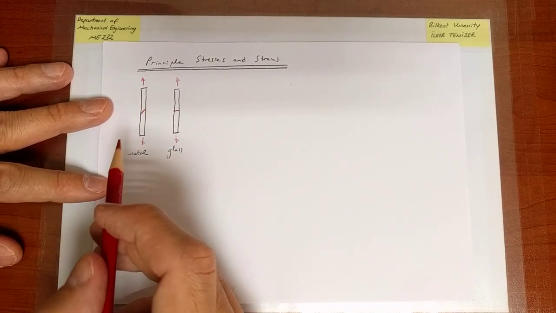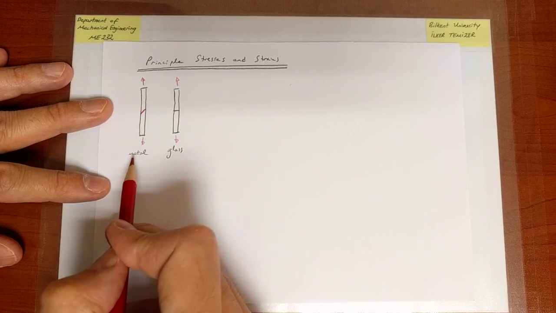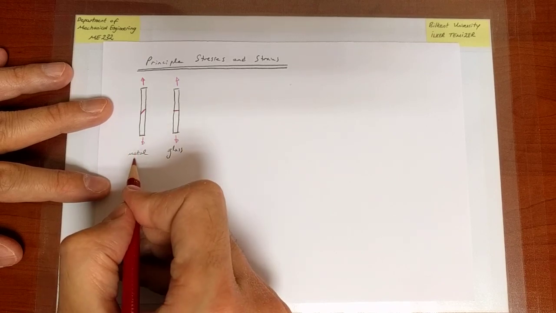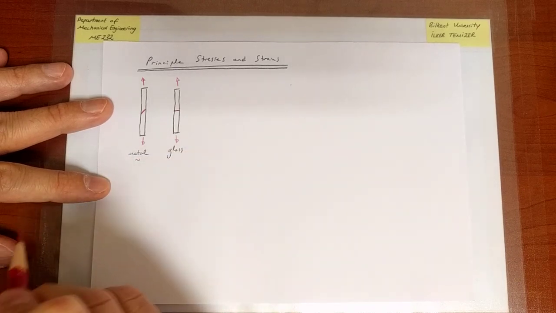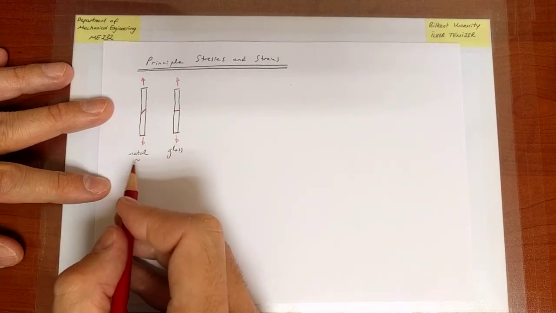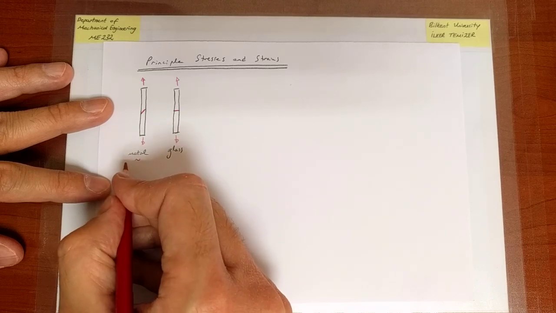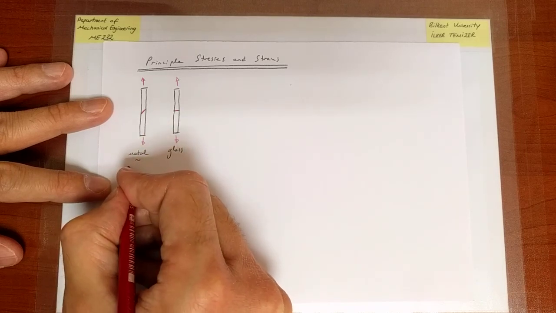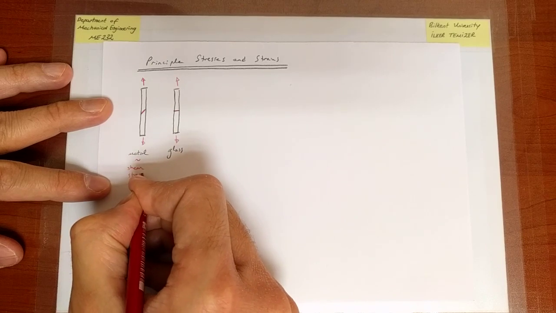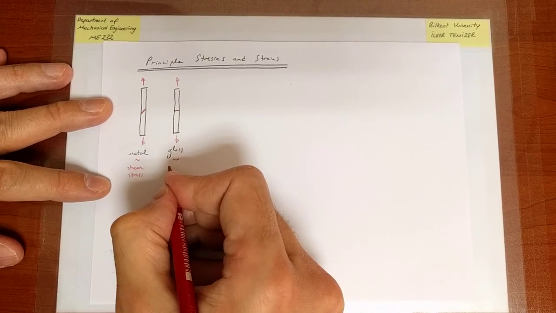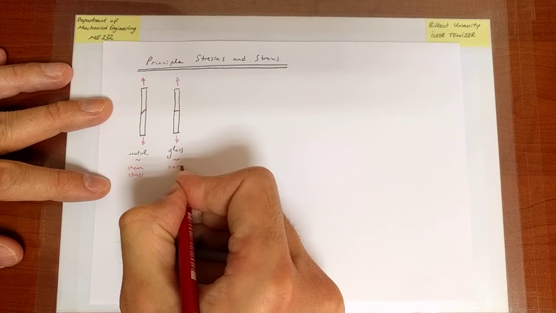And it turns out that metals fail this way because failure of metals, or let's say initiation of yielding ultimately, is mediated by shear stresses, whereas failure of glass is mediated by normal stresses.